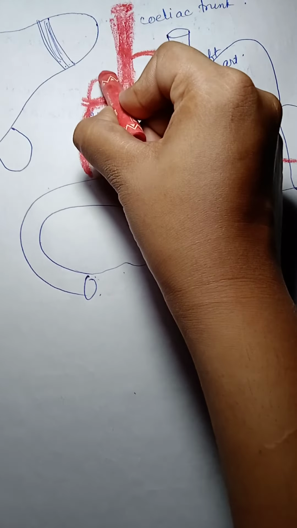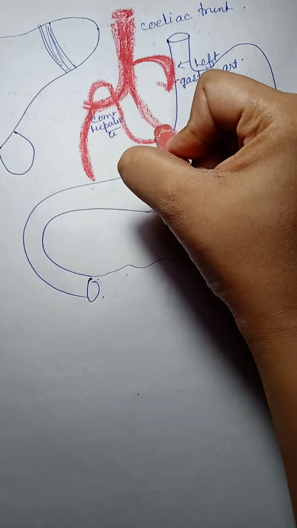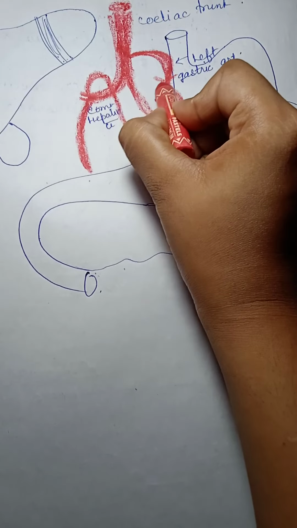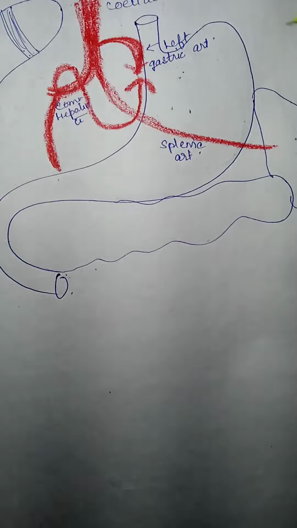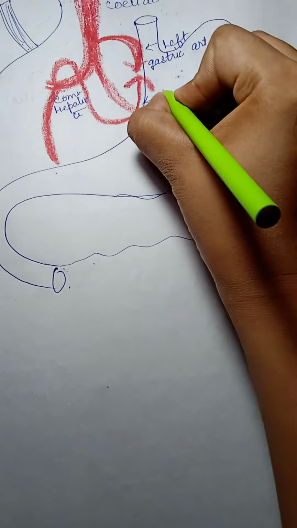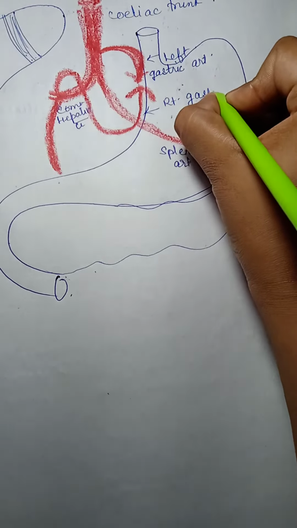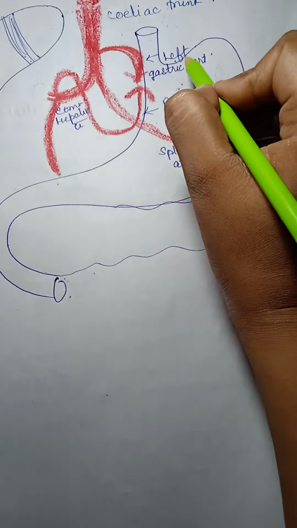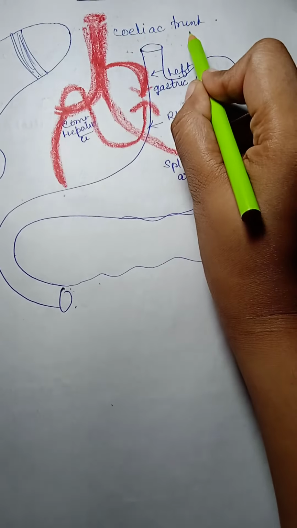And the right gastric artery, which is again a branch of the common hepatic artery, is making anastomosis with the left gastric artery, which is a branch of the celiac trunk.